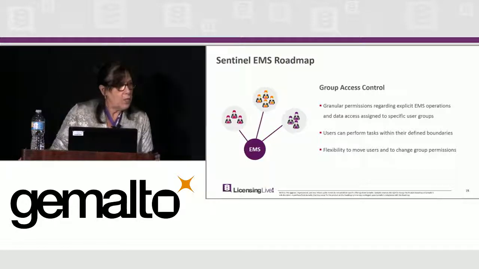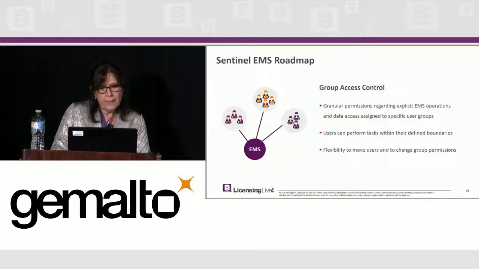We're hearing from our customers and from the market that, especially large vendors, they need a way to enable different groups within their organization to access various EMS operations and data on a group level.